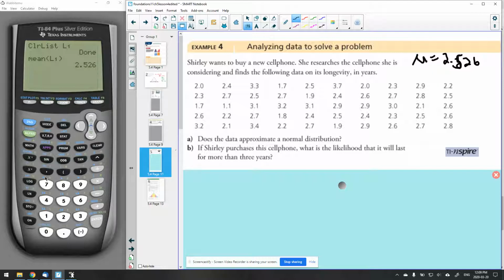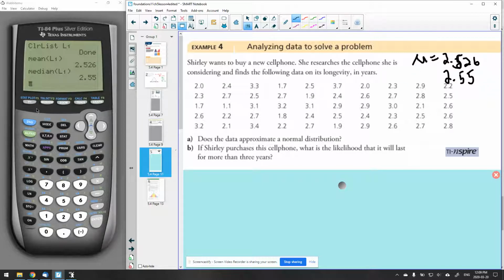And if it is, that is a good hint, at least, that our data will be normally distributed. So let's find the median of list 1, and it's 2.55. So that's pretty close to our mean. So that kind of tells me we're headed in the right direction anyways.